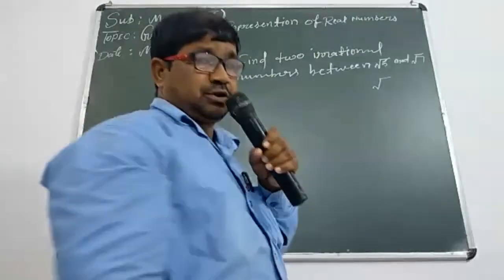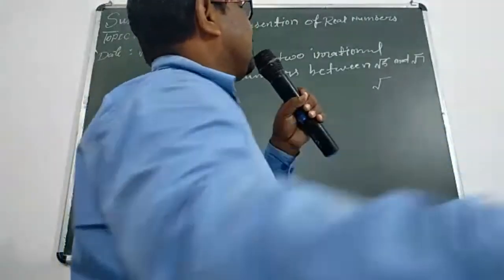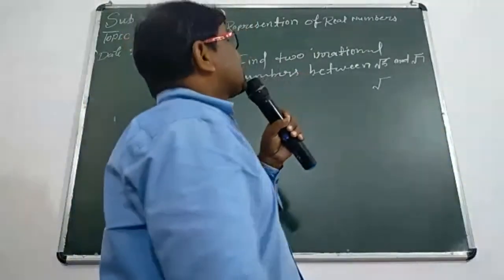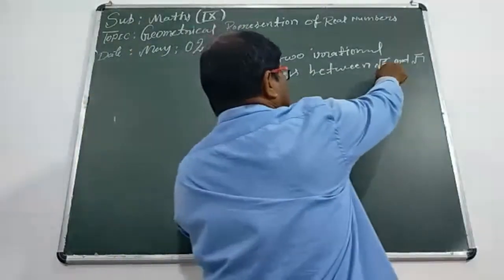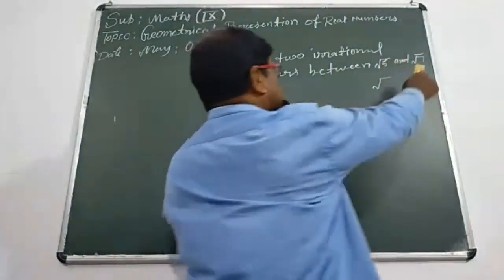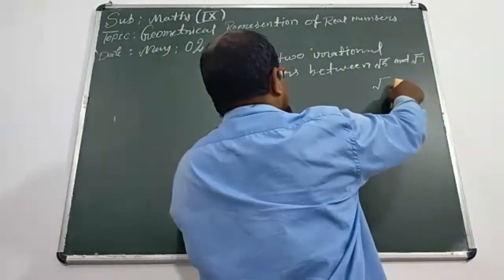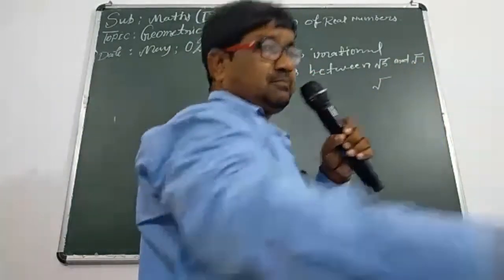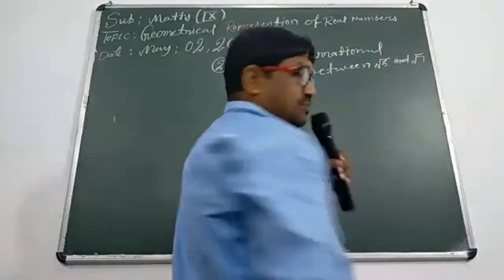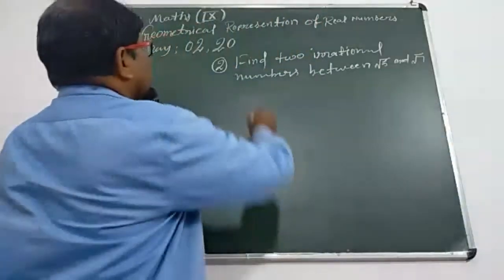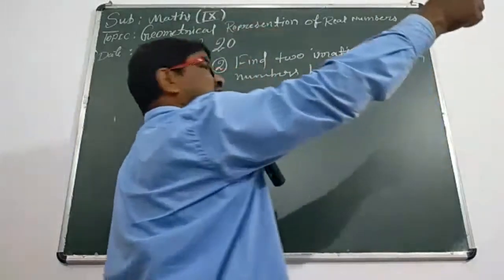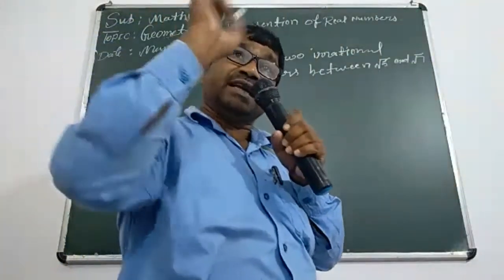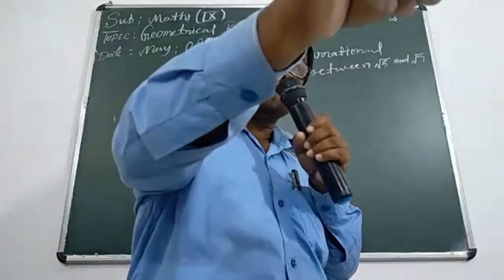This is the root, finding a square root of 5, finding a square root of 7. This sign is radical. Now, think about this question. In the previous one, we were finding 3 irrationals between 2 rationals.